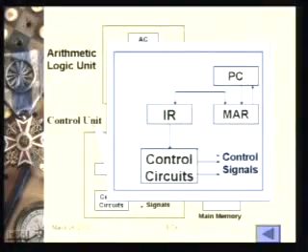Now what are the components of the control unit? The control unit consists of the instruction register, where the instruction comes. So the instruction reaches the instruction register and gets loaded there. MAR, the memory address register, is an interface, and it stores the address of whatever is to be fetched from memory.